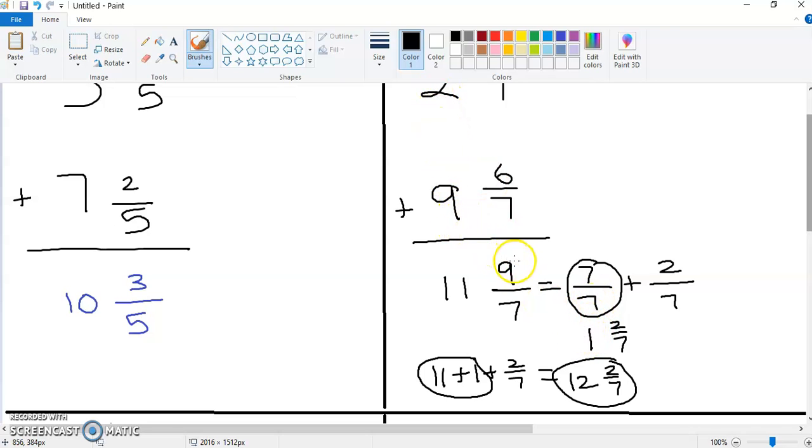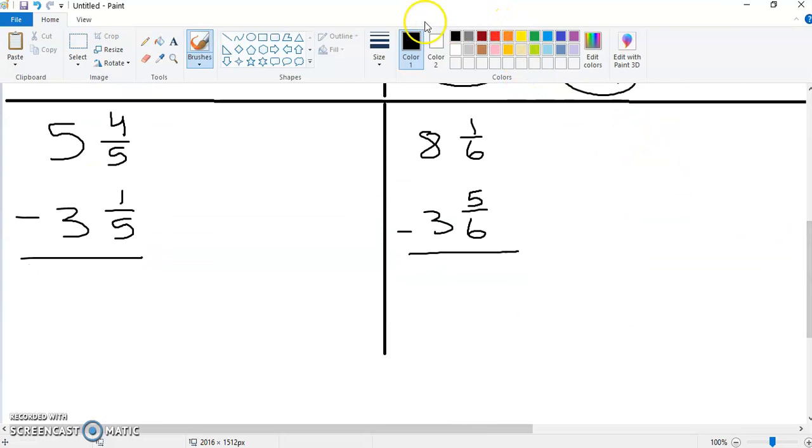It's kind of like regrouping when you're adding whole numbers, right? If you have too much in one place value, you give a group to the next higher place value. Well, with this one, we had too much in our fractions, so we found the whole number and gave it to the whole number, or the ones column, the ones place value. So 11 ones plus another 1 gave us 12, and our fraction was 2/7.